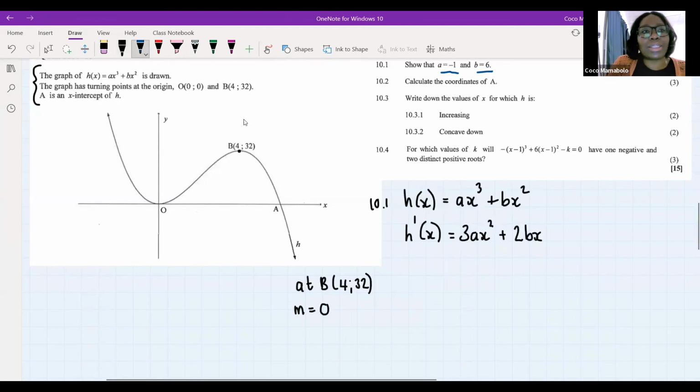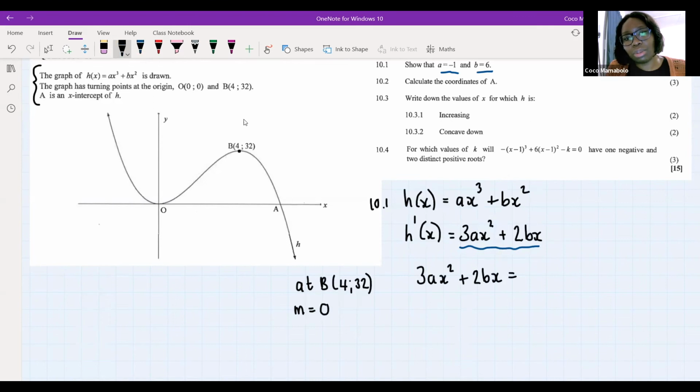So I can equate this to 0 because at that point, my gradient is 0. So I'm going to have 3ax squared plus 2bx is equal to 0. But I know what my x value at that point is. It's 4. At that point where my gradient is 0, my x value is 4. So I can sub my x value into that particular formula.